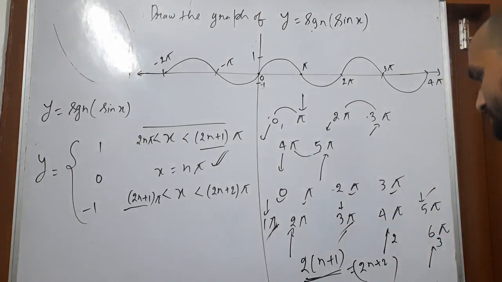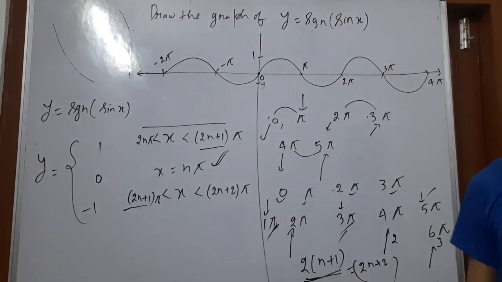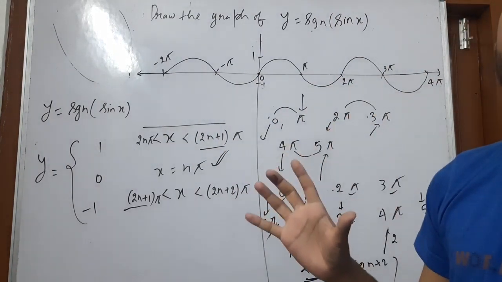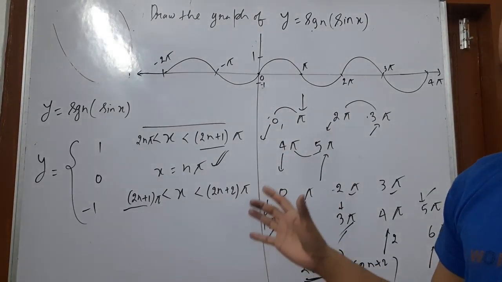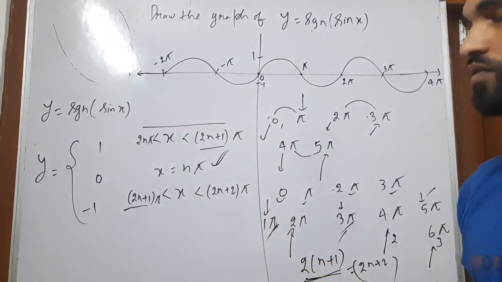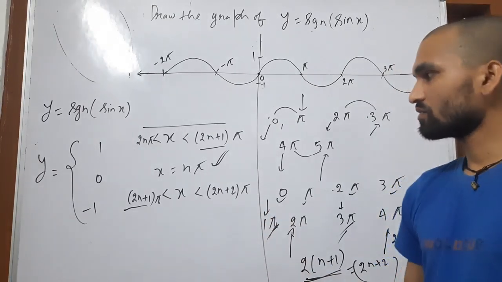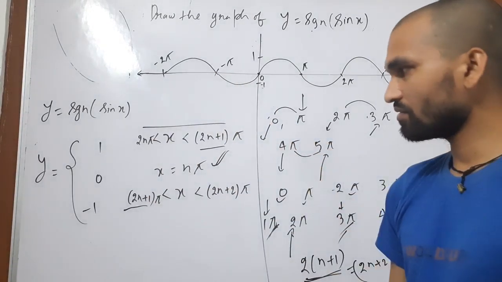Okay students, we have decided on the basis of the graph of sin x how the interval of x is taken, that is 2n pi, (2n plus 1) pi, or n pi, or (2n plus 1) pi and (2n plus 2) pi. So you can take it easily on the basis of the graph.